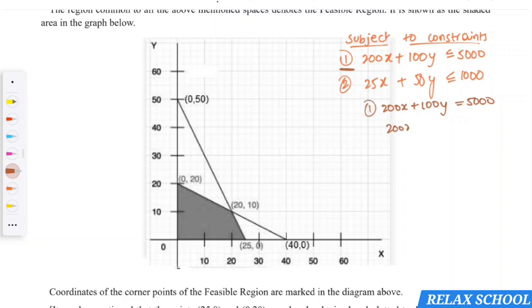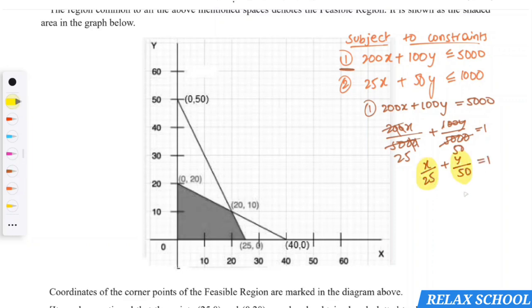It becomes 200x divided by 5000 plus 100y divided by 5000 is equal to 1. The zeros cancel and 25 twos are 50, and for 100 it would be 50. Yes, that means the coordinate of x is 25 and the coordinate of y is 50 here.